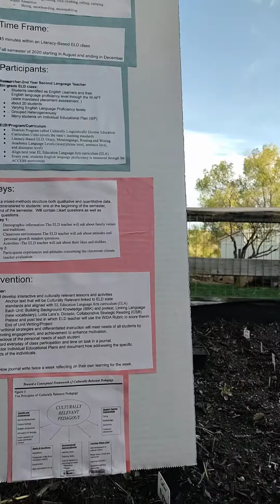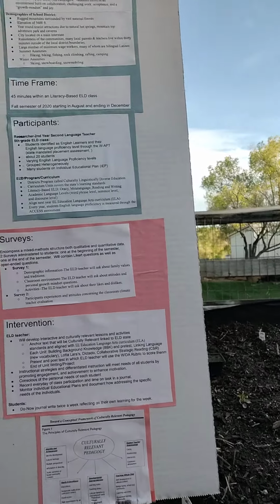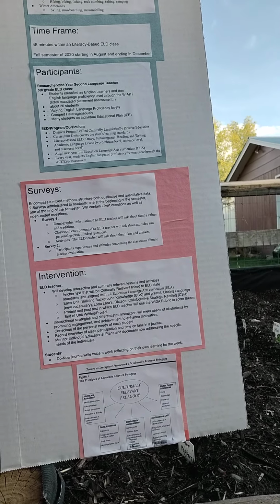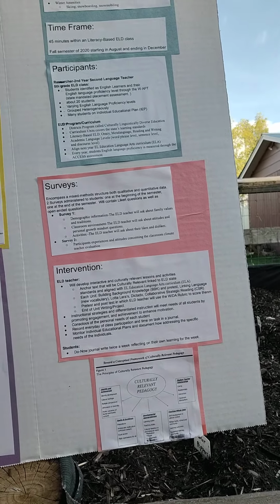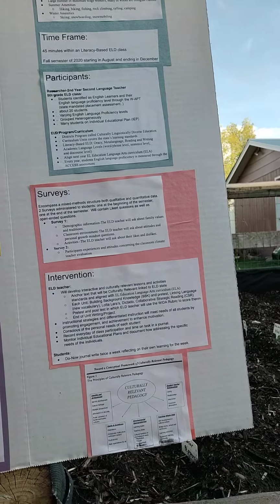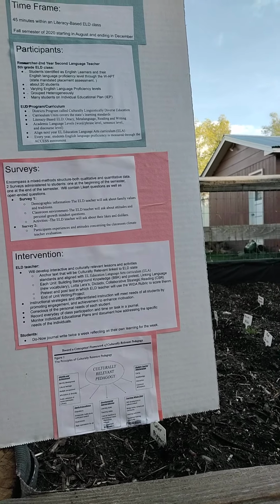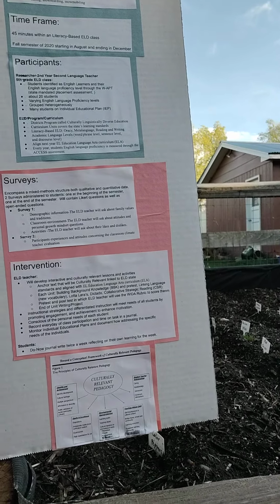Within the units during the semester, I want to be creating interactive and culturally relevant lessons and activities that are anchored to the state standards and aligned with the EL Education Language Arts curriculum. Each unit will start with building background knowledge and a pre-test.